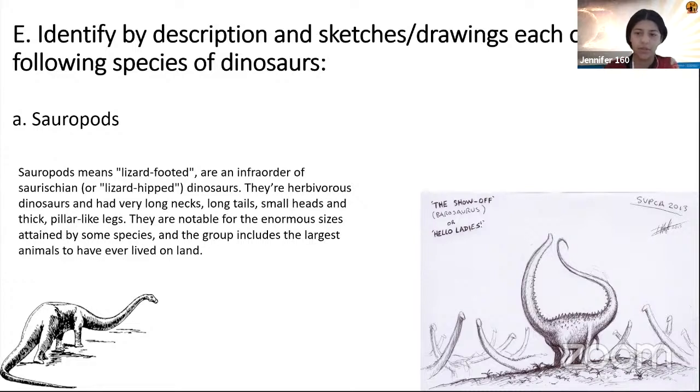They are notable for the enormous sizes attained by some species, and the group includes the largest animals to have ever lived on land. A common example would be the Brachiosaurus. There's an image of a Brachiosaurus down there.